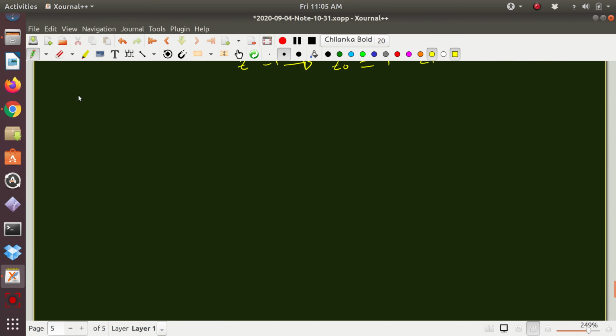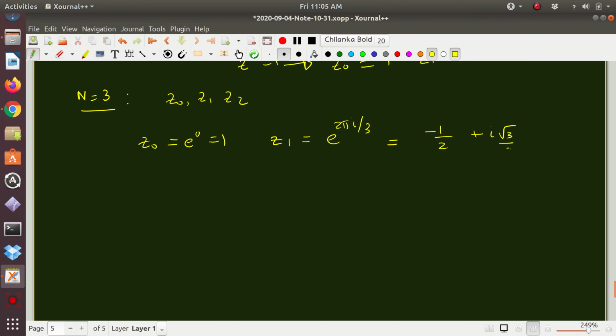But things become interesting when you take cube roots. So you have 3 roots, z0, z1, z2. You have to use the same formula as above. You will find that z0 is e to the 0, which is 1, z1 is e to the 2 pi i upon 3, which is nothing but minus half plus i root 3 by 2. You should verify this.